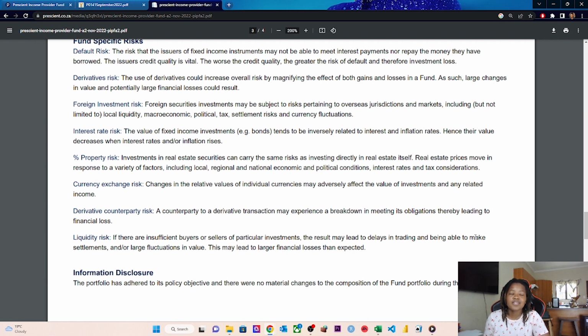It's also why you'll see a lot of the commentary on the equities funds will speak about what was happening in China and what was happening with the Ukraine and Russia war, because obviously those are political, it's macroeconomic, it speaks to currency fluctuations and all of that. And it can also speak to liquidity when you're trying to sell out of those instruments. So that's why it's important, because financial markets are interrelated.